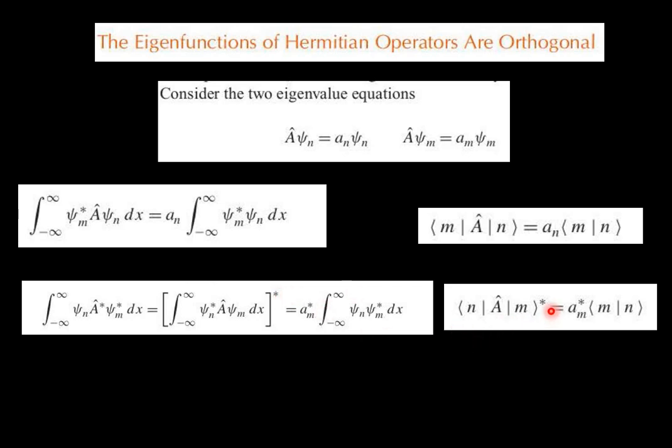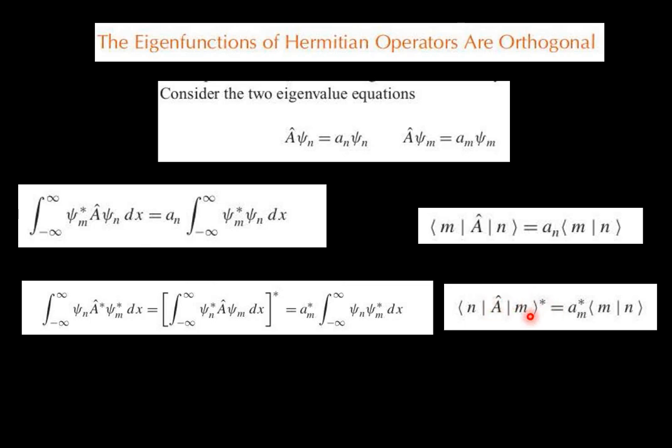Okay. So I repeat that from this equation, left multiplying by psi m star and integrating, we get this result. And with this equation, first take the complex conjugation of both sides and then left multiply by psi n and then integrate to get this result.